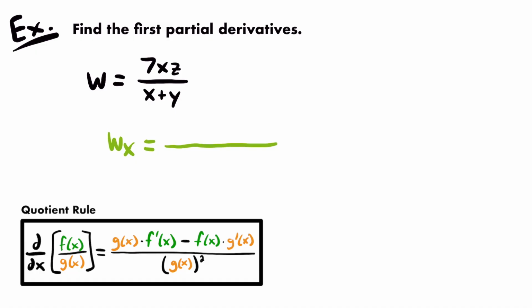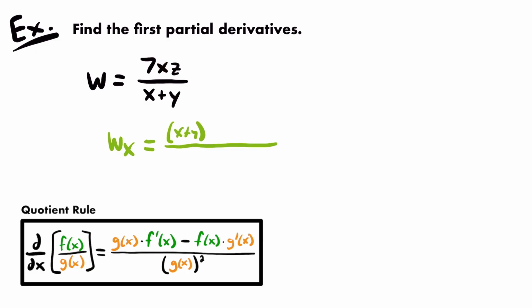In the numerator, we'll start by taking the bottom function of x plus y and multiplying it by the derivative of the top function. And with respect to x, the derivative of 7xz would just be 7z, because 7 and z are constants, and a derivative of x to the first power will just be equal to the constant being multiplied by it.